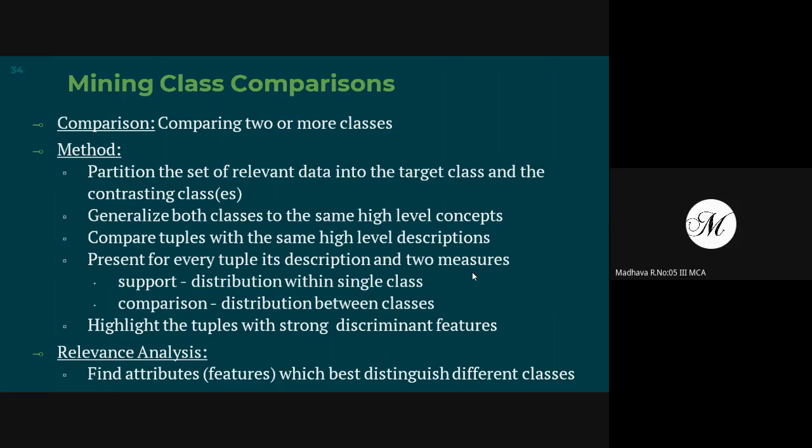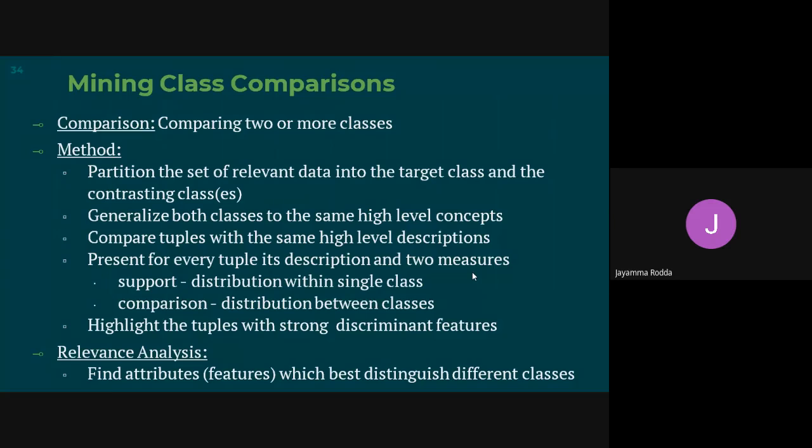So the mining class comparisons means we talk about the discrimination between different classes. Discrimination and comparison are two similar words. Class comparison identifies the differences or the similarities between two classes.